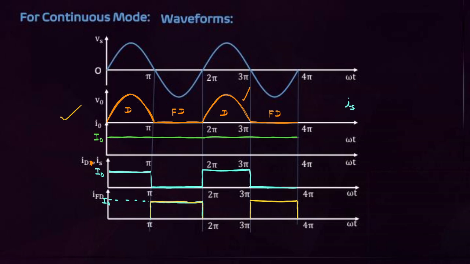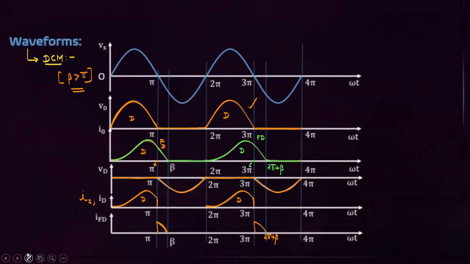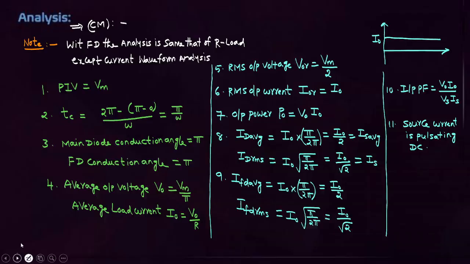Only with a freewheeling diode is continuous mode possible. Continuous mode means we assume we are supplying constant current. Otherwise it is discontinuous mode, but unless otherwise specified, you have to take continuous mode. Our analysis is mainly continuous mode only.